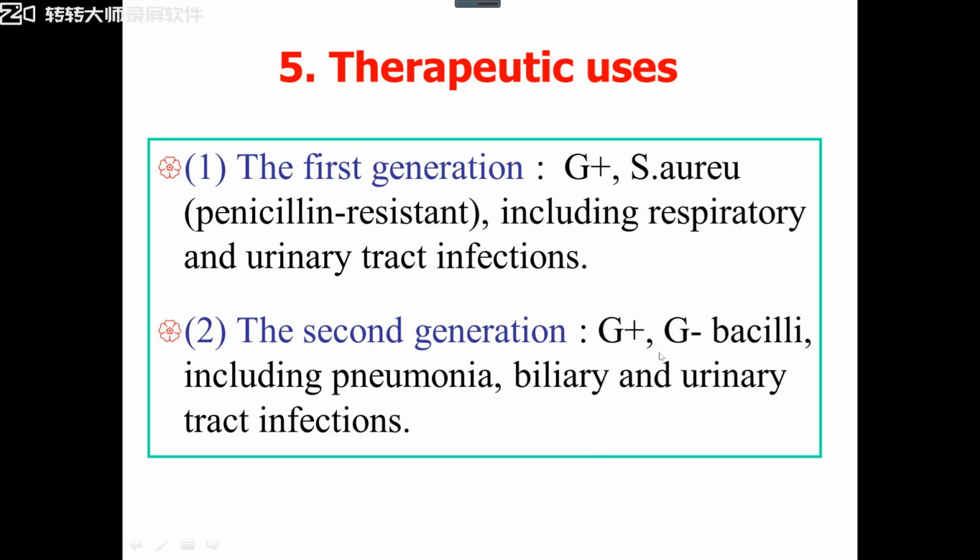So for some patients, maybe we don't know whether the infection is gram-positive or gram-negative. So we can give the second generation cephalosporins. Or some patients have both gram-positive and gram-negative infection. We can give the second generation cephalosporins, such as cefaclor and cefuroxime, 头孢克洛, these two drugs.